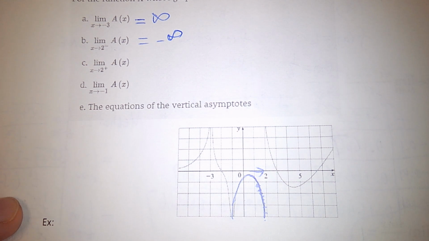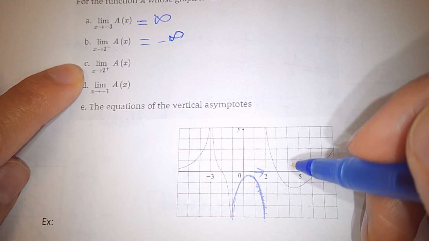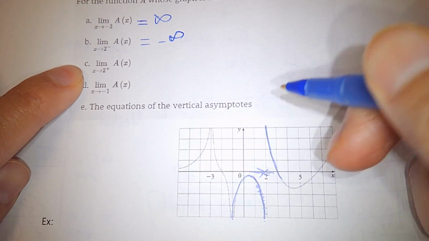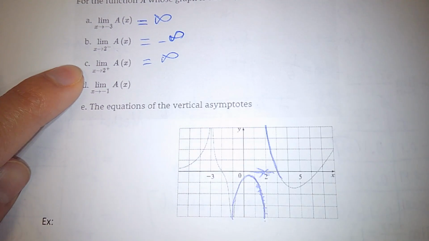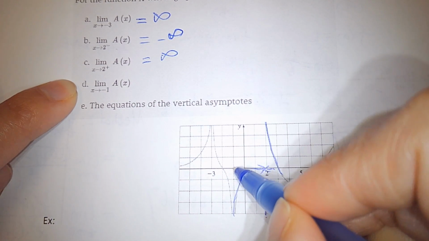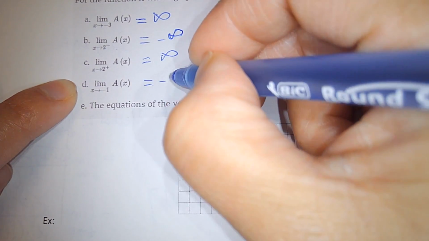Dylan? Oh, okay, so when x approaches 2 from the right, it approaches infinity, right? How about D? Where's -1? Here? -infinity, right?